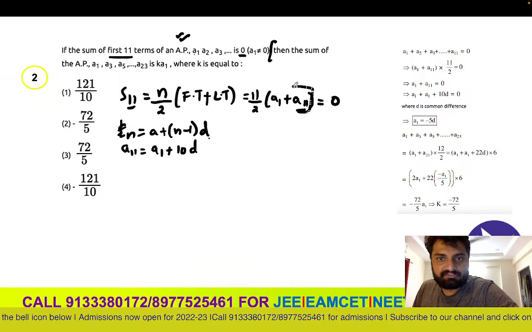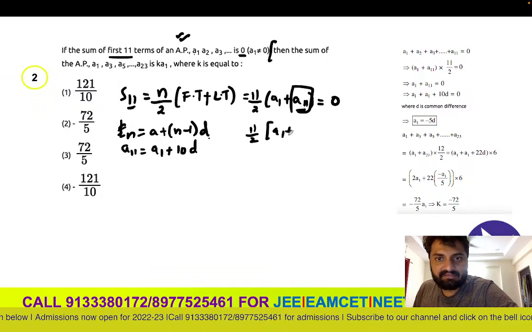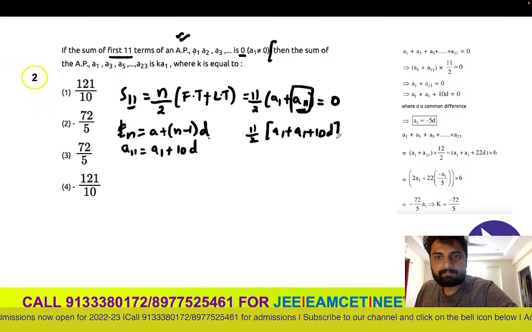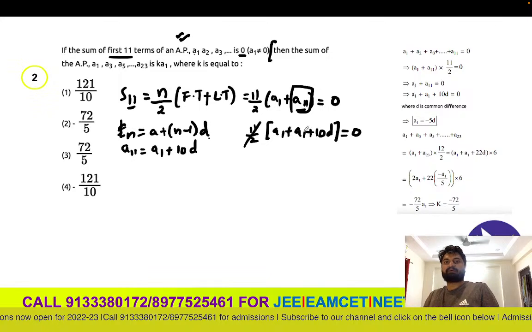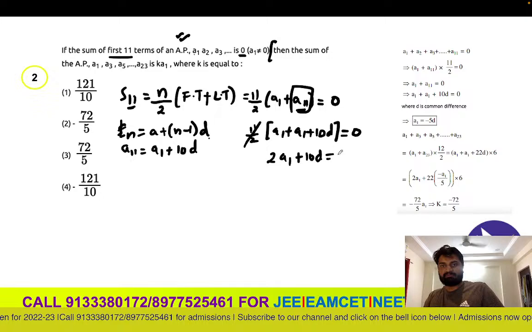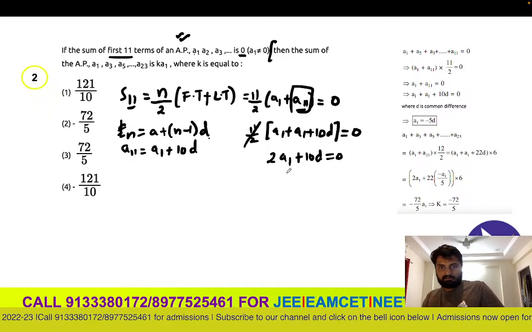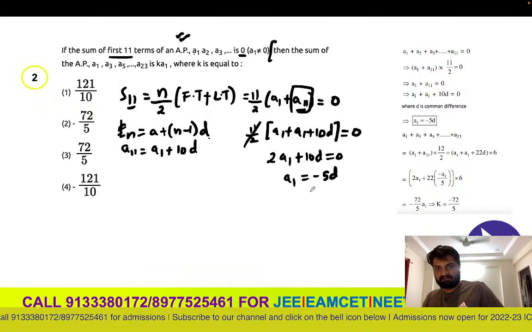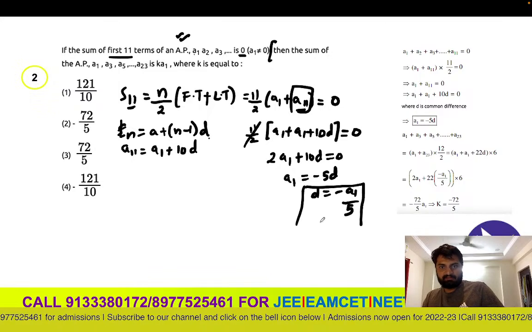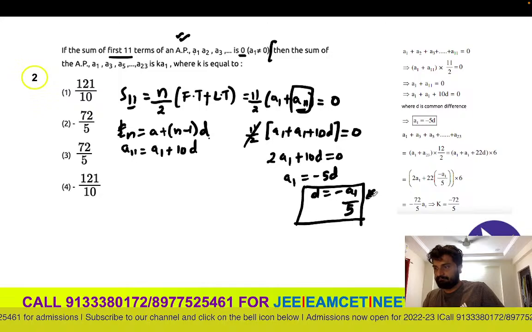So instead of A11, I can write 11 by 2 times A1 plus 10D is equal to 0. 11 by 2 cancels. 2A1 plus 10D equal to 0. If you cancel 2, A1 is minus 5D. Or D is minus A1 by 5. This is my common difference D.